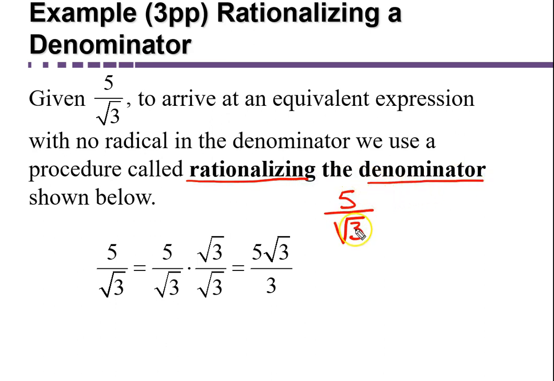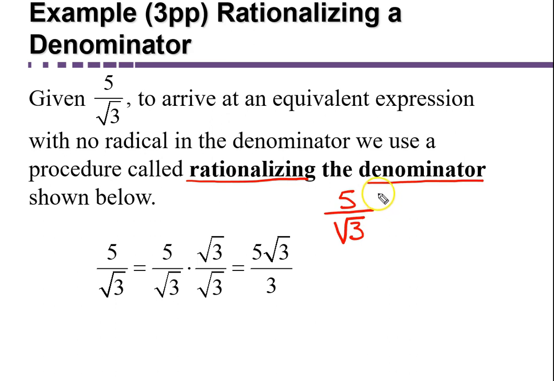That is, get the denominator to be a rational number. Right now it's irrational. Well, the technique is, again, we have a fraction. We can multiply anything by 1, but we're going to choose our 1 such that it makes the square root of 3 a rational number.